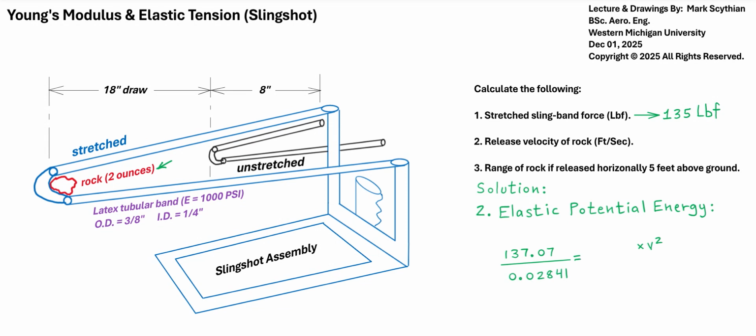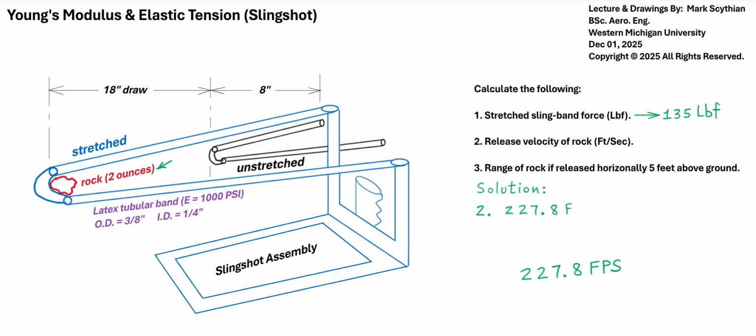So we're able to solve for v by the ratio of 137.07 divided by 0.02841, and its square root, to cancel the square. So we calculate a launch velocity of 69.46 meters per second, then times 3.28 to calculate the feet per second. So we approximate it at 228 feet per second release velocity of the 2-ounce rock.